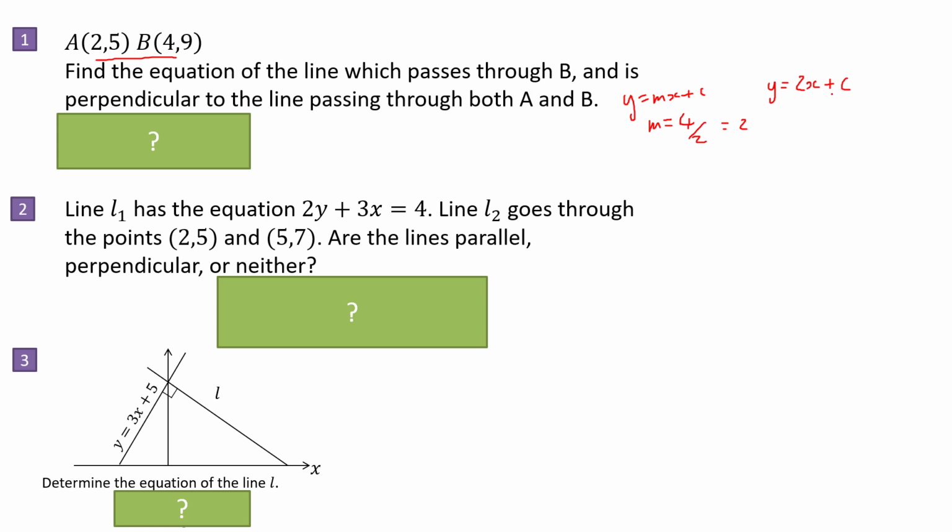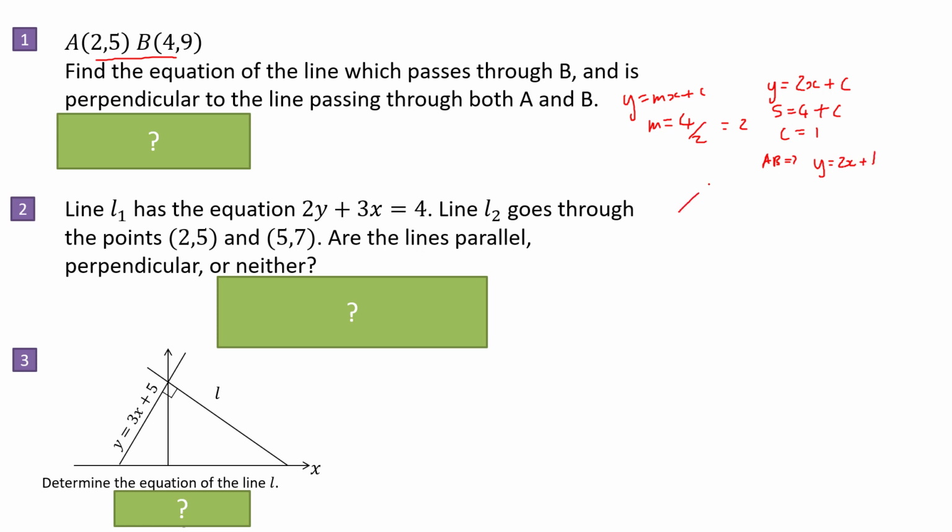We need to find out what c is, so we just substitute any of the coordinates in. And I'll just use A, so that's 2 and 5. So 5 equals 4 plus c. So c equals 1 here. So we've got the line AB is y equals 2x plus 1.